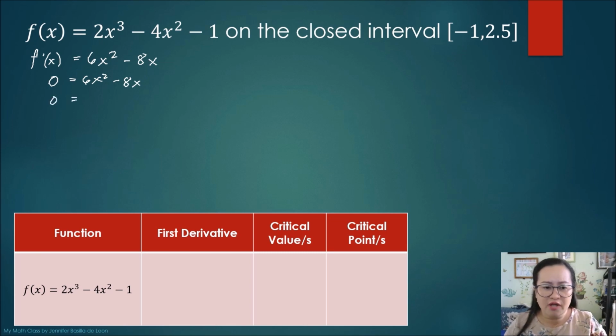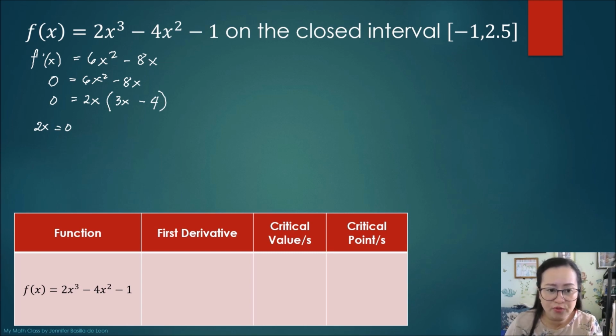Now let's factor this. We will have the greatest common factor, which is 2x, and then this will be 3x minus 4. And then using the zero property, we can equate each factor to 0, since when you multiply these two, the result is 0.